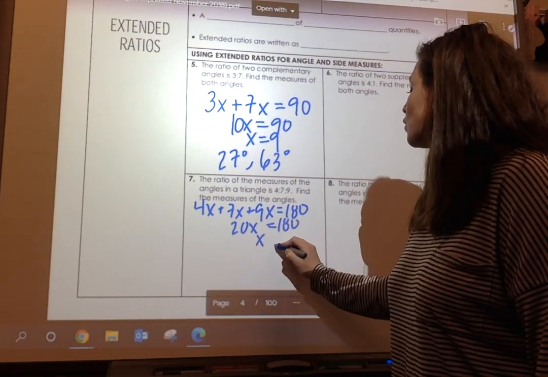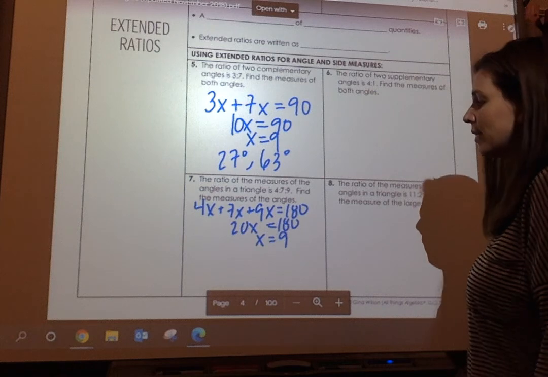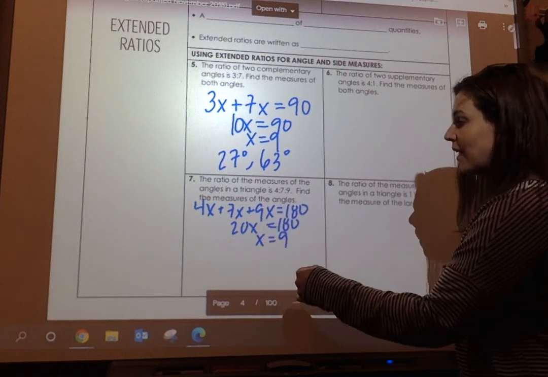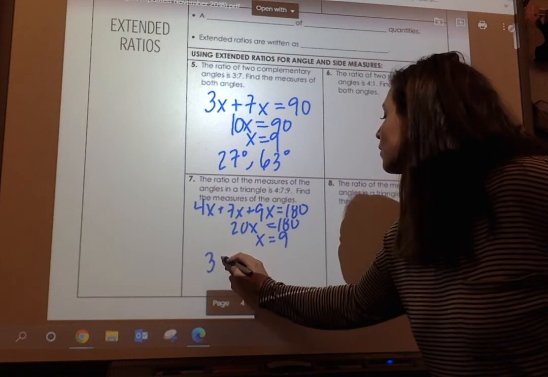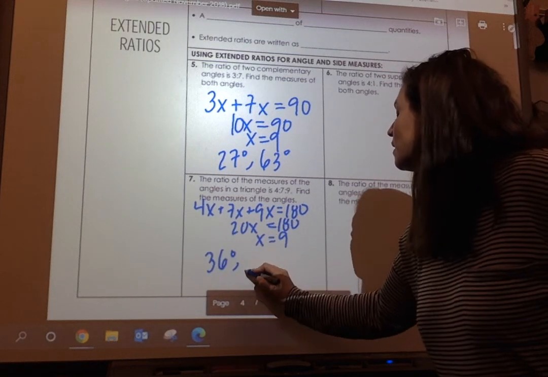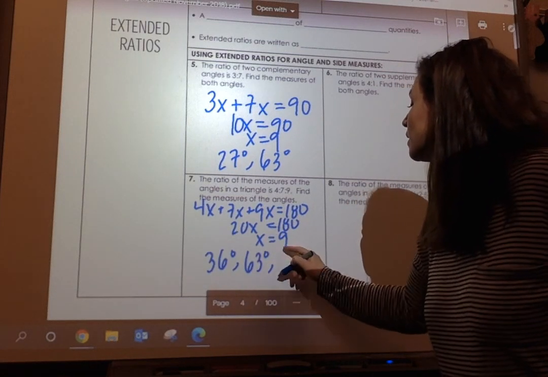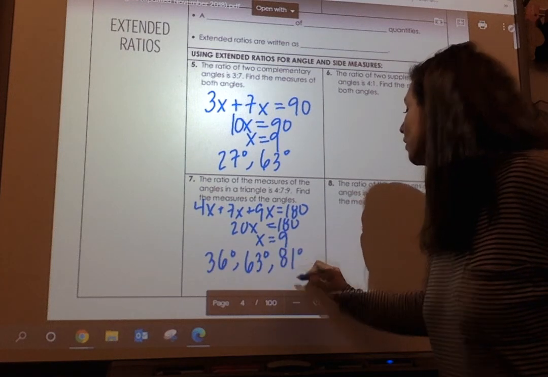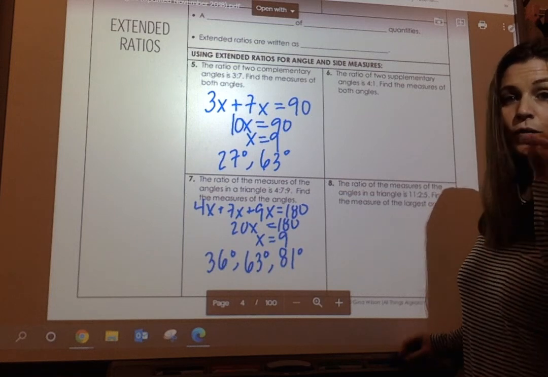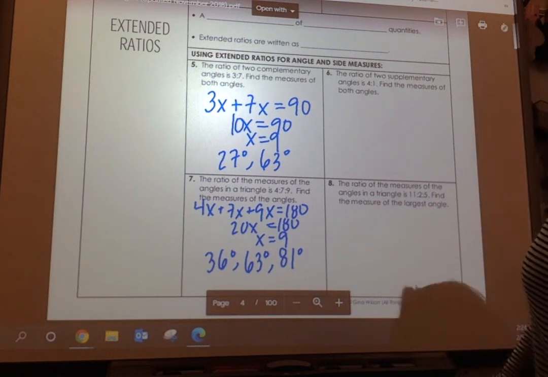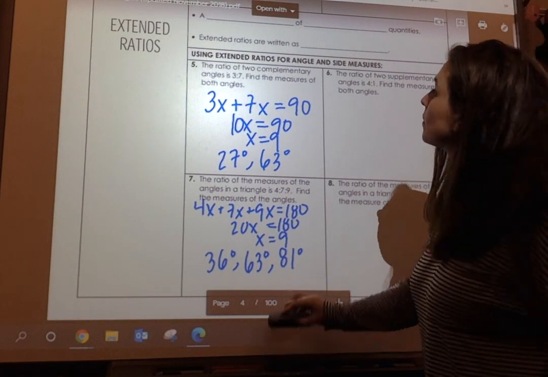Divide both sides by 20, and I get x equals 9. So if I want to find out what these angle measurements are, of course I would do 4 times 9 is 36 degrees, 63 degrees, and 81 degrees. And those all add up to 180. So that's how I would find the extended ratio of those measurements.